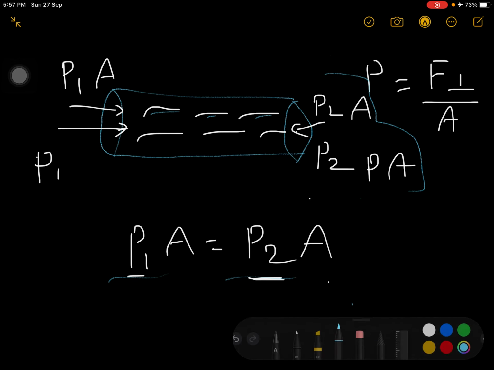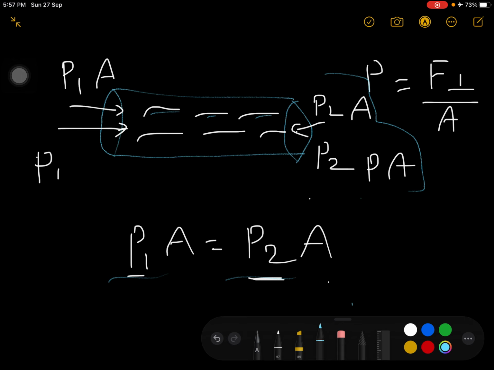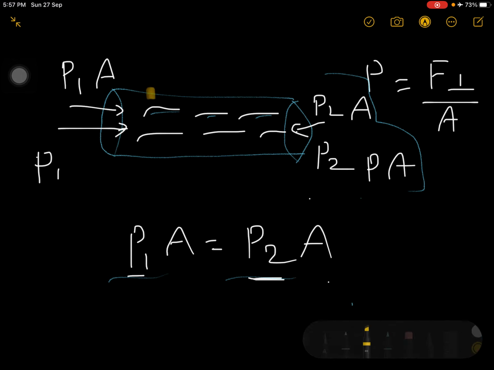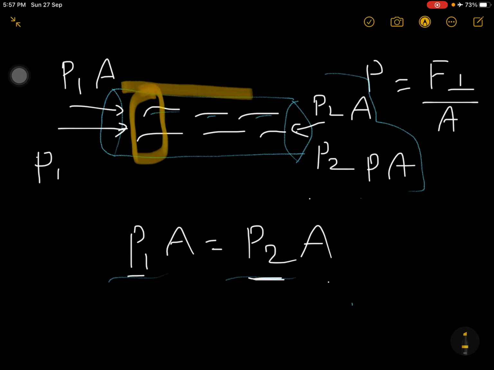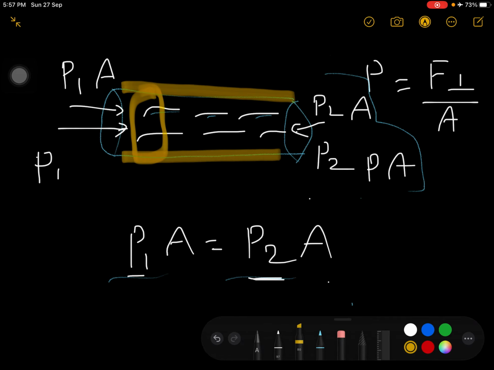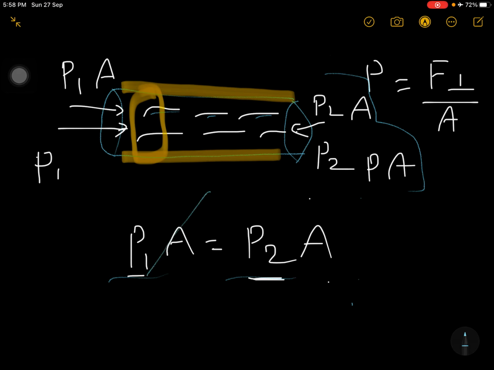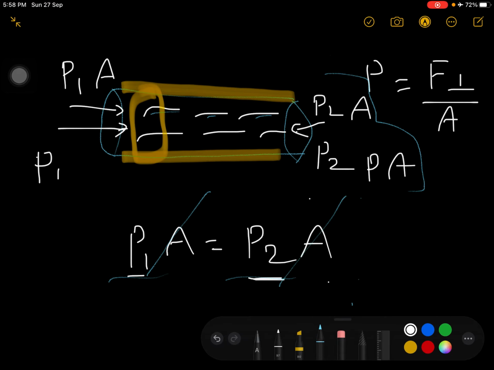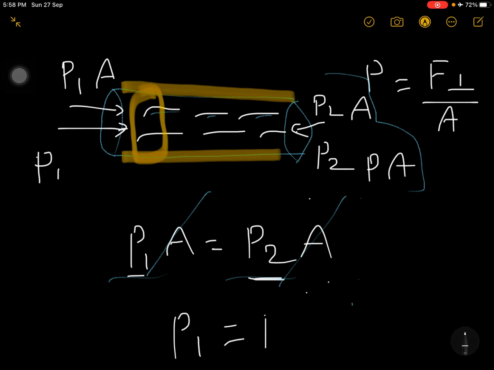The area is the same on the entire surface, so A and A get cancelled, and P1 is equal to P2.